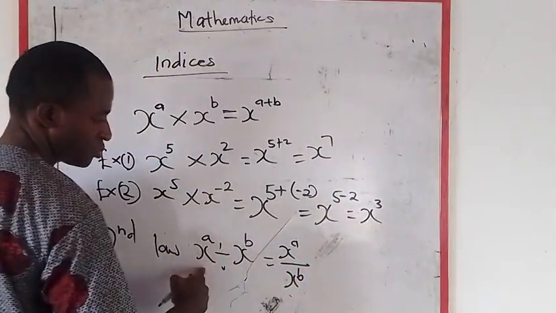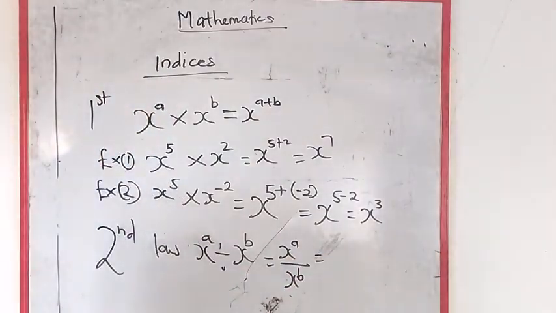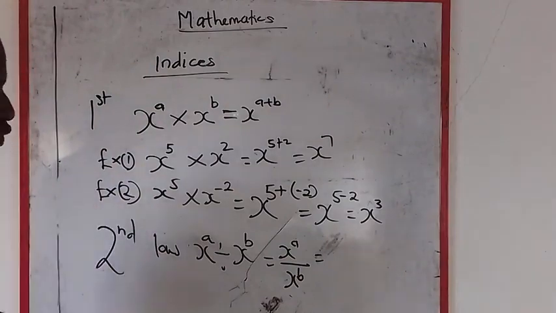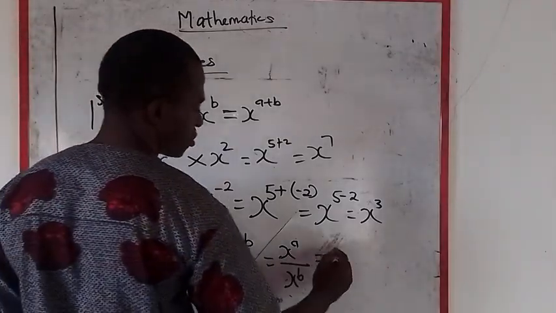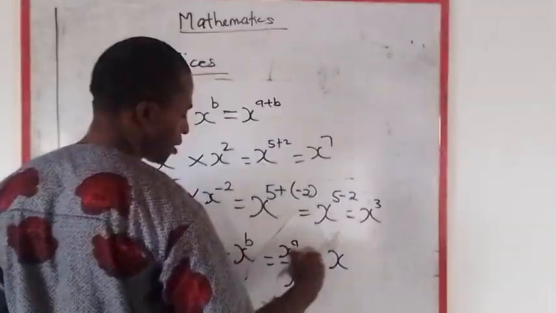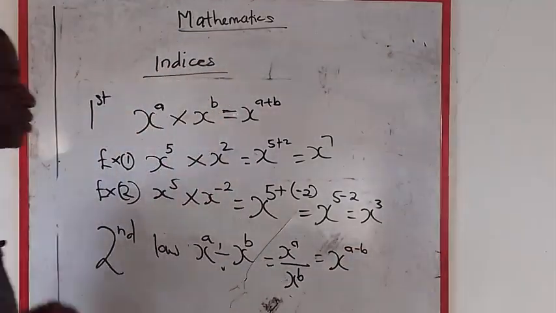That's what it means. The interpretation of the law is that when we have division of similar base, we subtract their powers, with a similar base: a minus b. This is exactly what we're talking about.